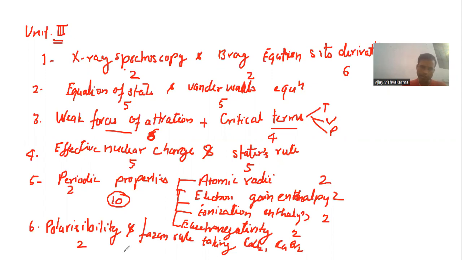That will be the 2, that will be the 6, and this will be the 2 weightages. So this is the end of unit third. Now we have to move towards unit 4.